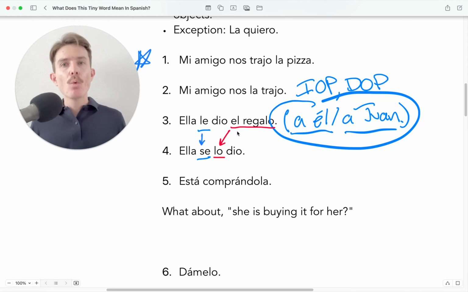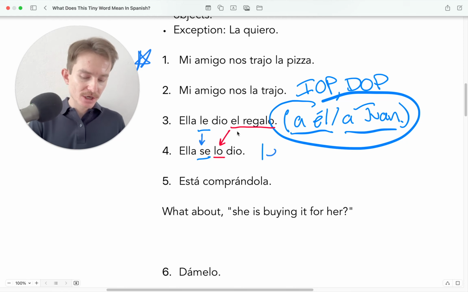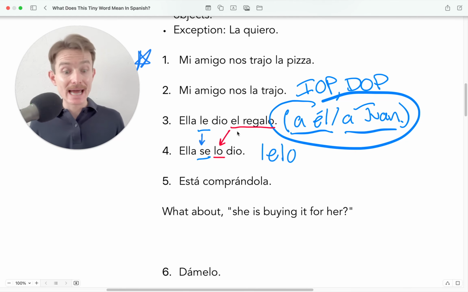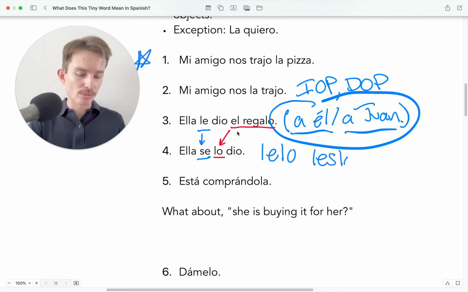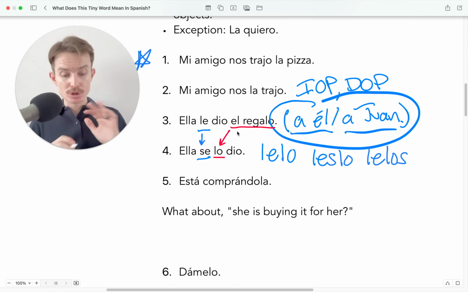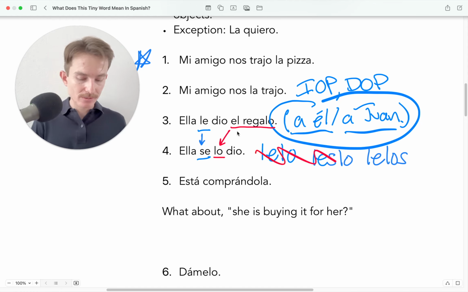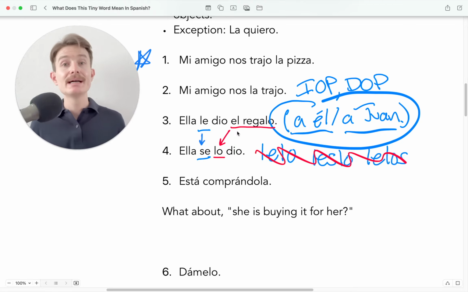Why? Well, because in Spanish, what I like to say is you cannot have Lilo and Stitch. So you cannot say something like lelo or leslo or lelos, and so forth. You cannot do it. No, no, no. That's why we're going to have selo.